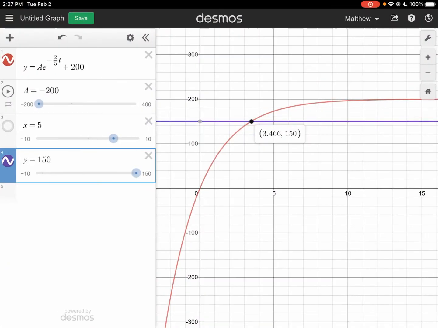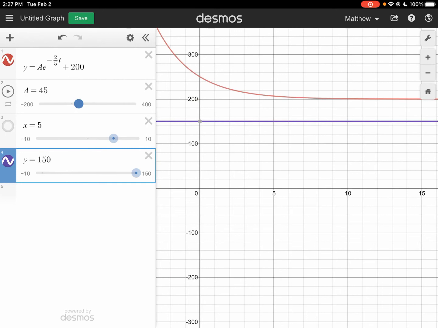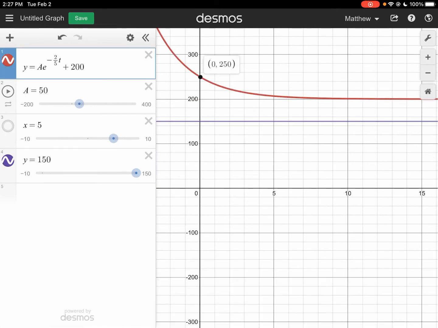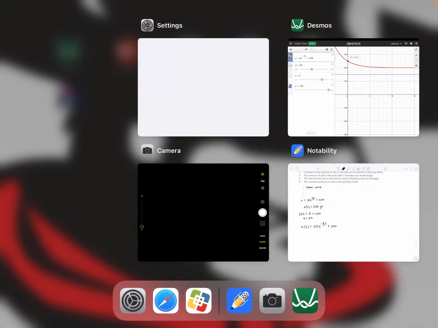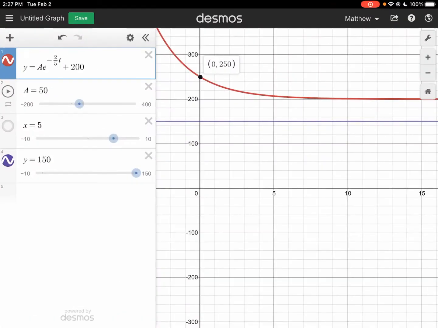Okay, going over here to Desmos, let's change a to 50 instead. There we go. Notice our initial condition, 0, 250, so there's 250 grams of salt in the 10 gallons initially. And over time, we're still approaching 200. Oh, and the other questions were at 5 minutes into this.